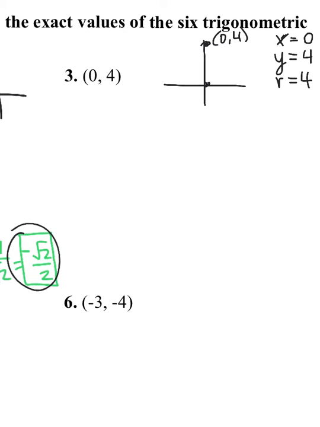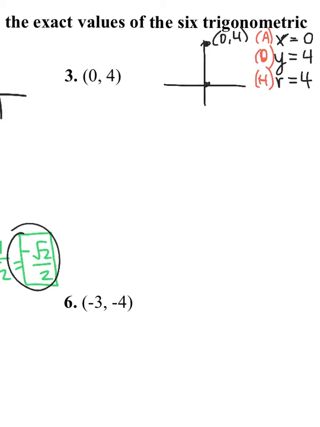All right, and then how I think of this is I think of x as my adjacent side, my y is my opposite side, and my distance from the origin is my hypotenuse side. And then I do SOHCAHTOA from there.